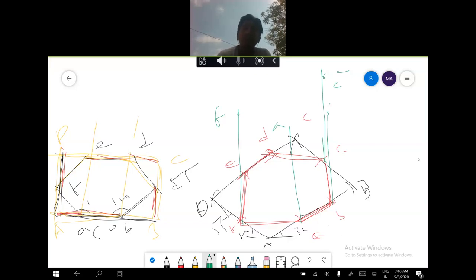Then 80 mm from D, 80 mm from E. We'll join all these points.